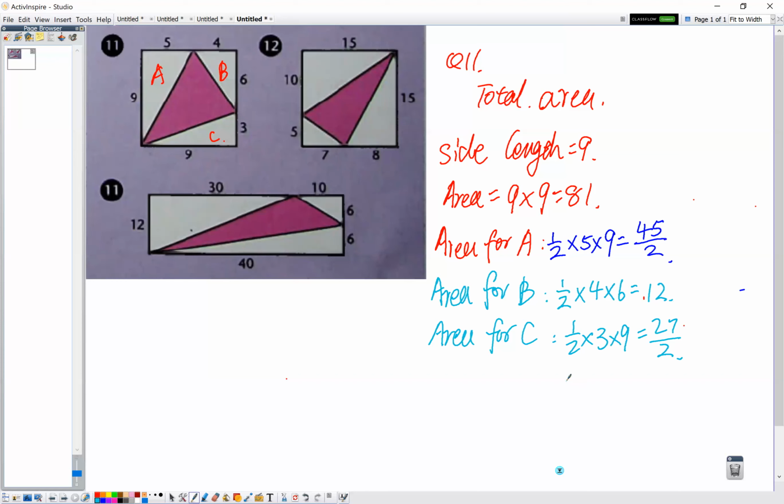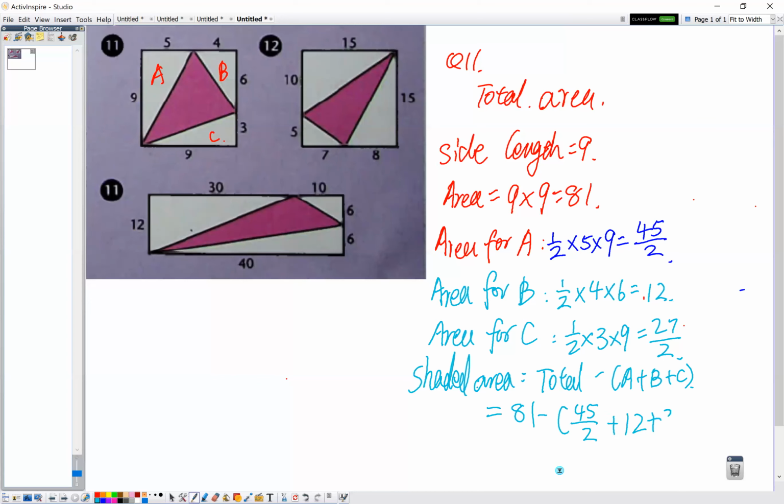Now we can find the shaded area. The shaded area we can find using the total area, take away A, B, C area together. The total area is 81. We take away A, B, C, add them up: 45 over 2 plus 12 plus 27 over 2.